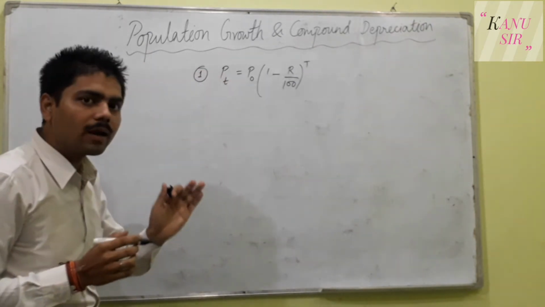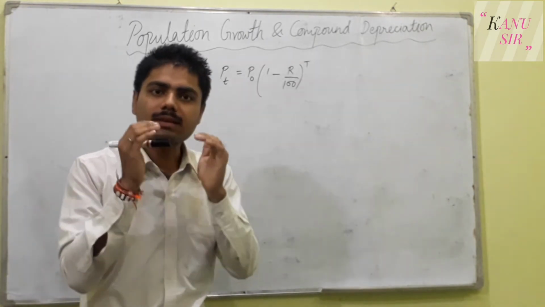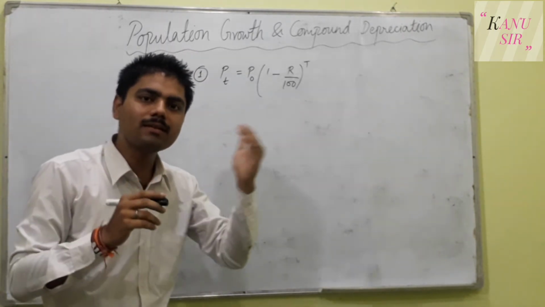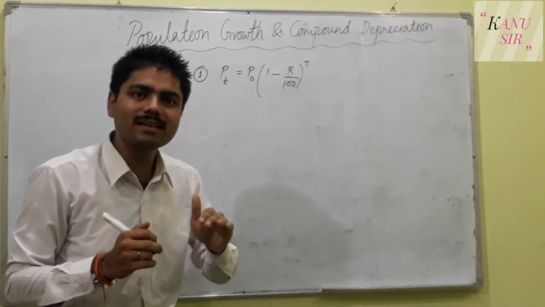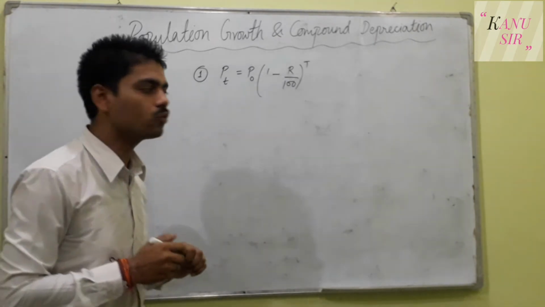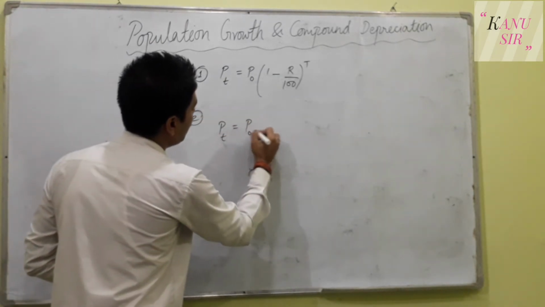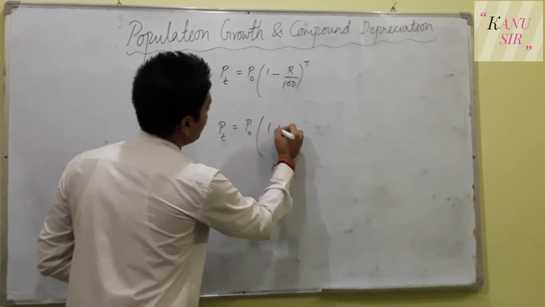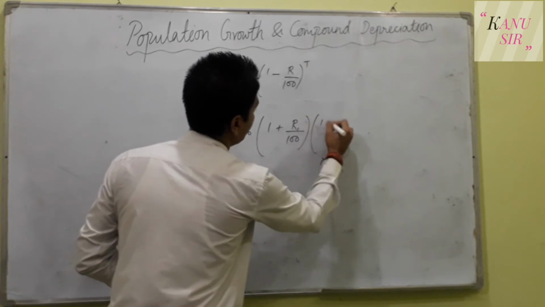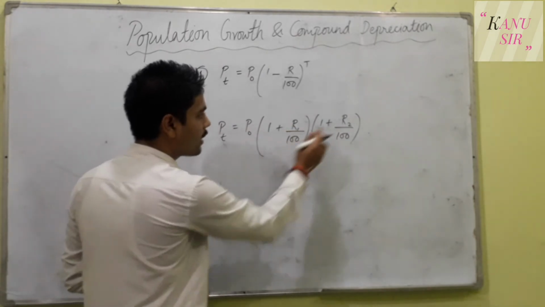There is one more formula which is applicable in both cases. If the time period is the same but the rate of interest, the rate of increase in population, or the rate of decrease in the value of items is different in different years, then how do we use it? PT is equal to the initial P times 1 plus R1 upon 100, times 1 plus R2 upon 100, times 1 plus R3 upon 100, as every year the rates are different.